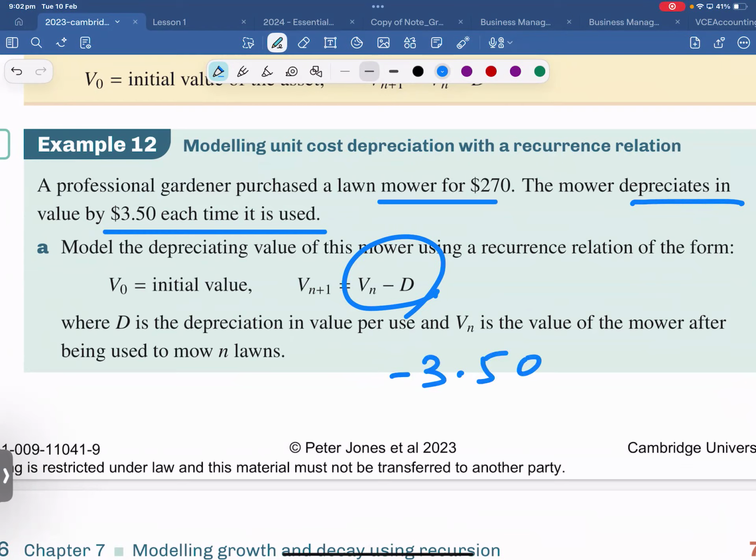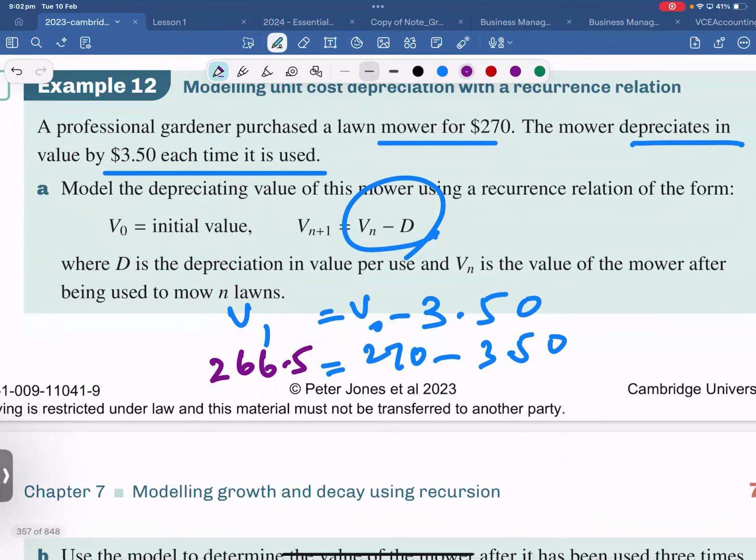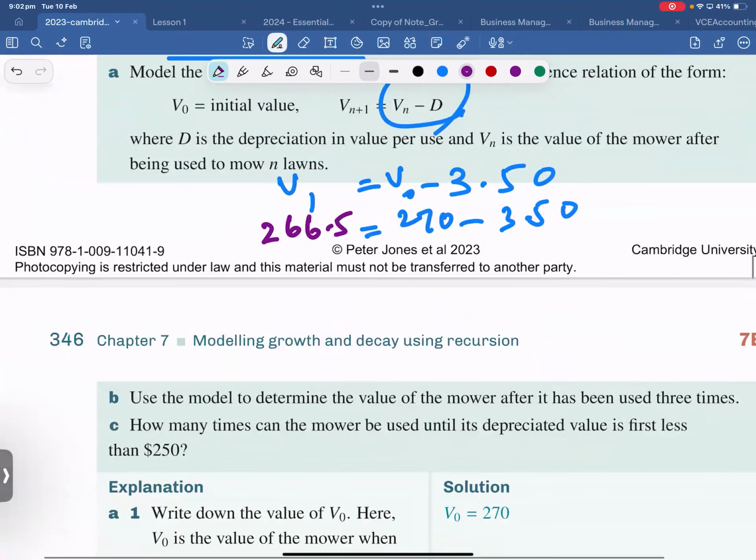If you are going to write for the first time you used it, so Vn plus 1, technically, if it is V1, then Vn is going to be V0. So V0 is how much? 270. Take away 350. It will be 266.5. Like that it will progress.